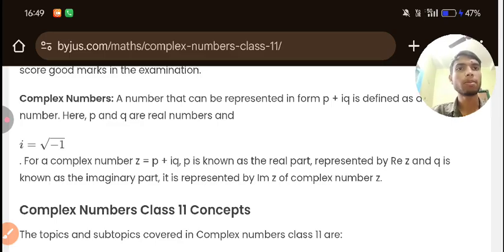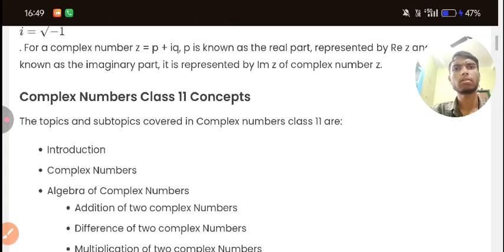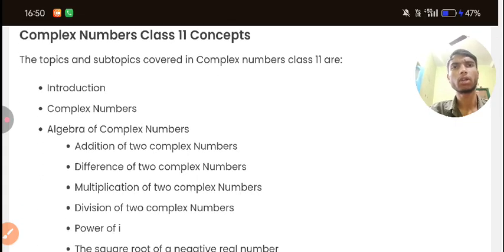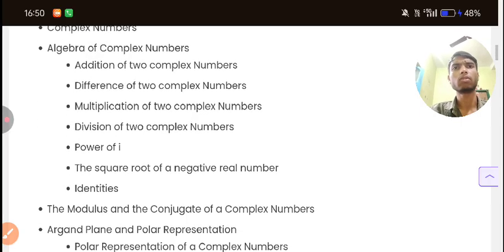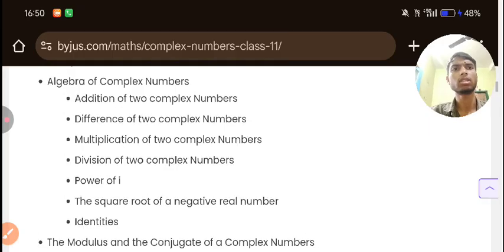It is represented by Im z. Here we will start with the introduction of complex numbers, then algebra of complex numbers. This is the table of contents.